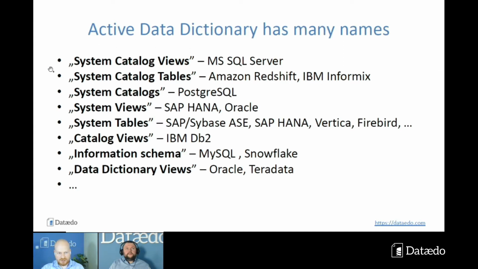So you can call it system catalog, views or tables. You can call it system tables or views or catalog views. It's also common to call it information schema. It's actually an ISO standard. Or that could be data dictionary views or tables. So you could hear about this and use it without even knowing that you were using a data dictionary.